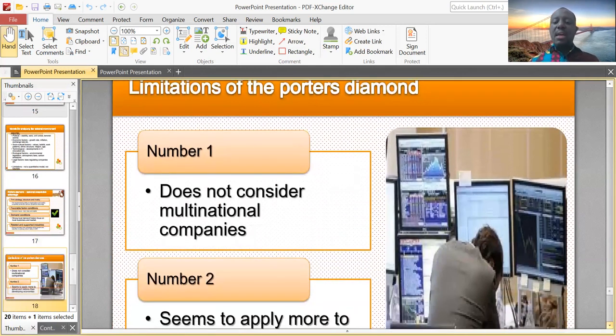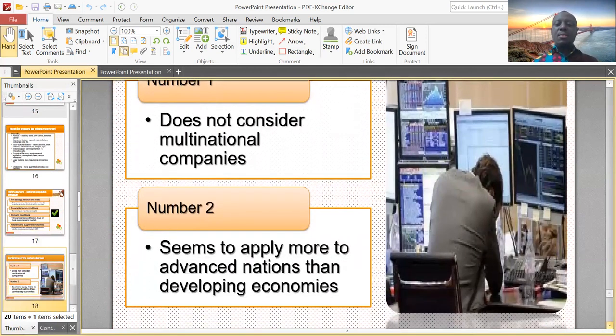However, the Porter's Diamond has certain limitations. The first limitation is that it does not necessarily consider multinationals because it's looking at things from a localized national standpoint.